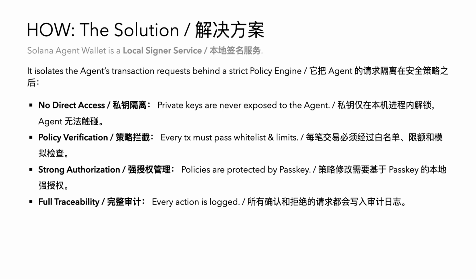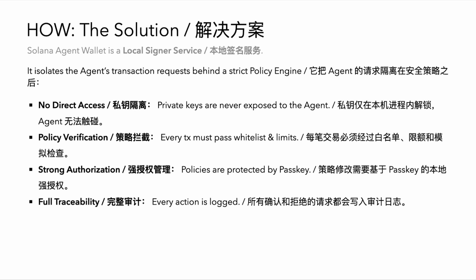Solana Agent Wallet is a local signer service. Instead of giving the private key to the agent, the agent sends a transaction request to a local API. The wallet service then checks that request against a policy engine before signing anything. There are 4 important design points. First, private key isolation. The private key is unlocked only inside the local process and is never exposed to the agent. Second, policy verification.